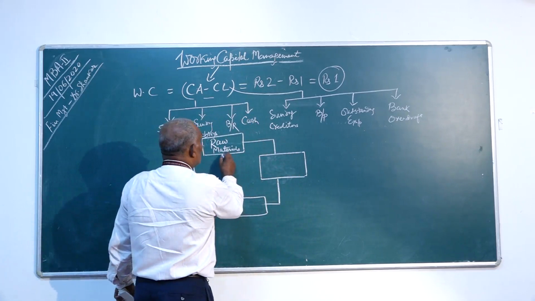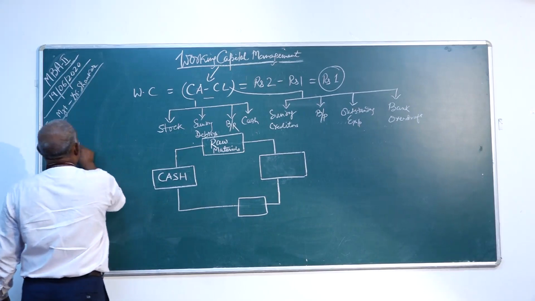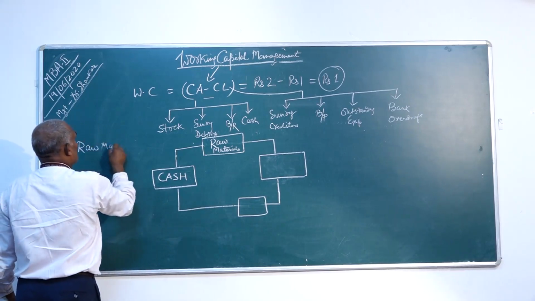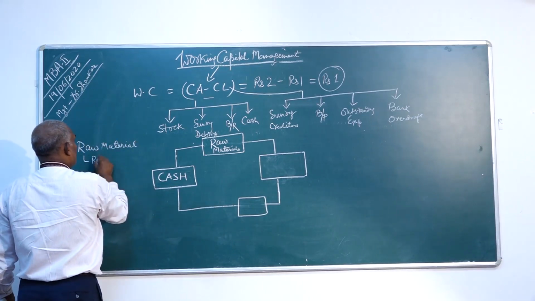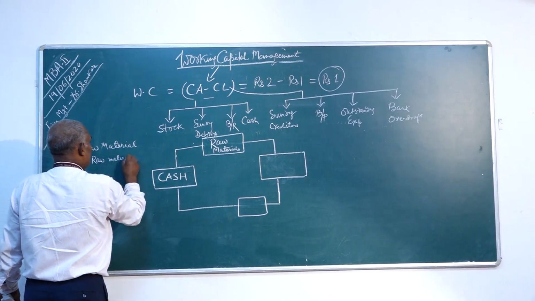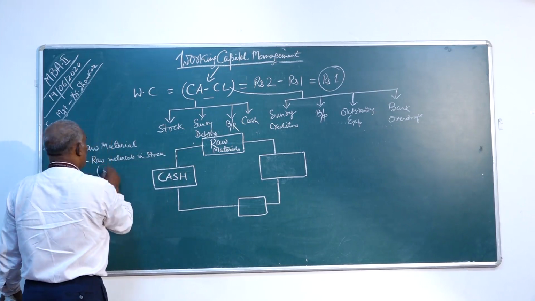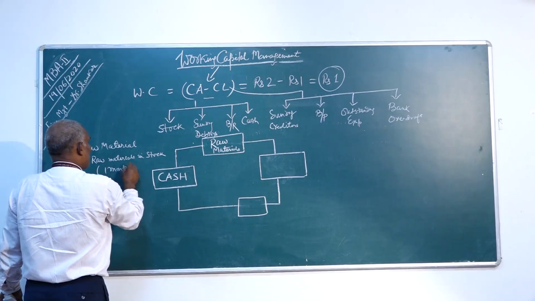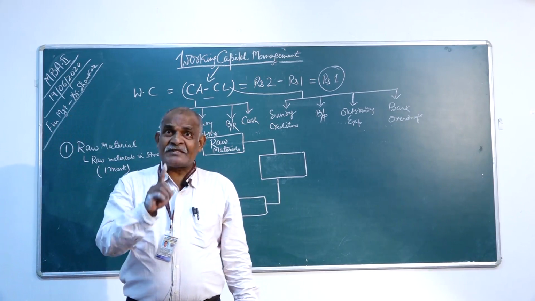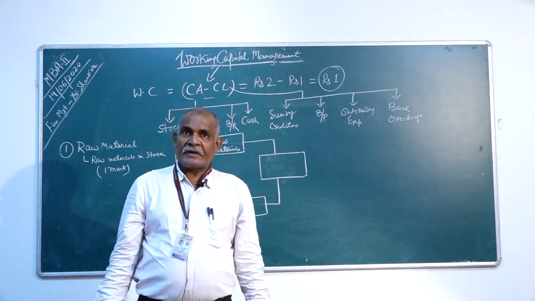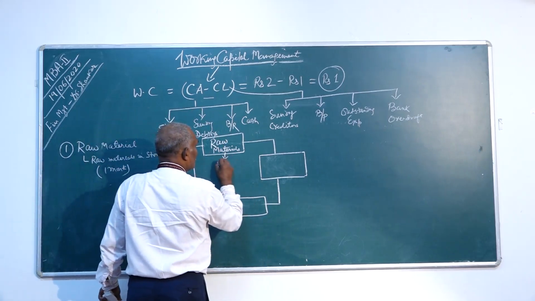So the first step is raw materials in stock. Say suppose 1 month. We will purchase the raw materials once a month. So raw material stock is 1 month.